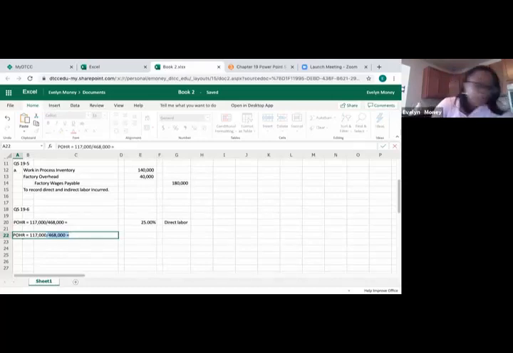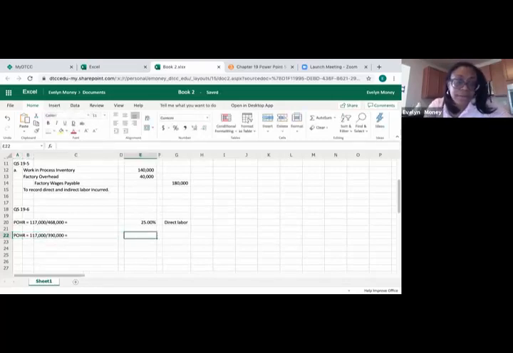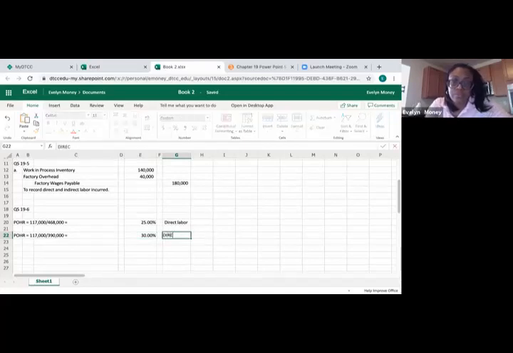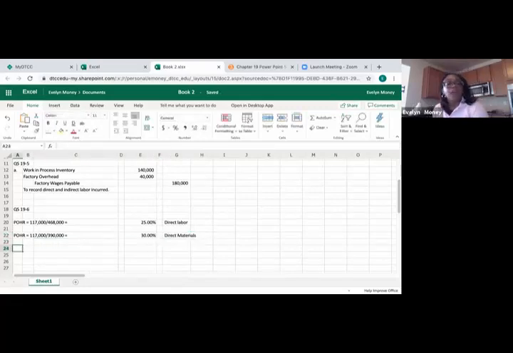And now we divide it by our materials cost of $390. That's how we find the predetermined overhead rate.